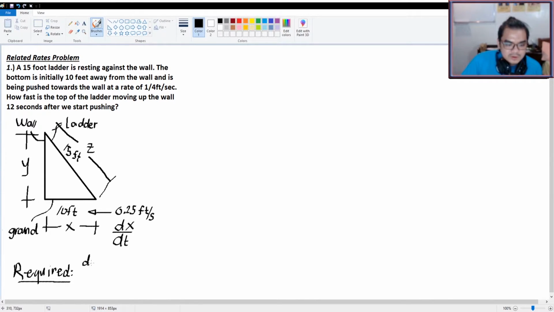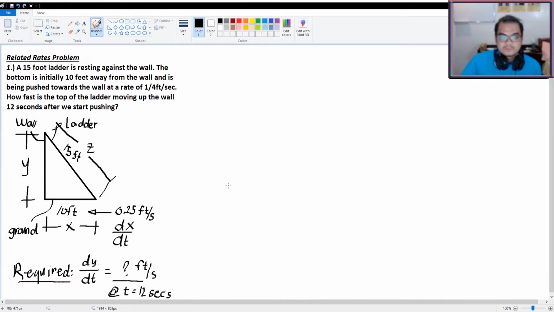Therefore, that is dy over dt. We don't know this one, and the unit must be in feet per second. But we have a condition that the time is equal to 12 seconds.